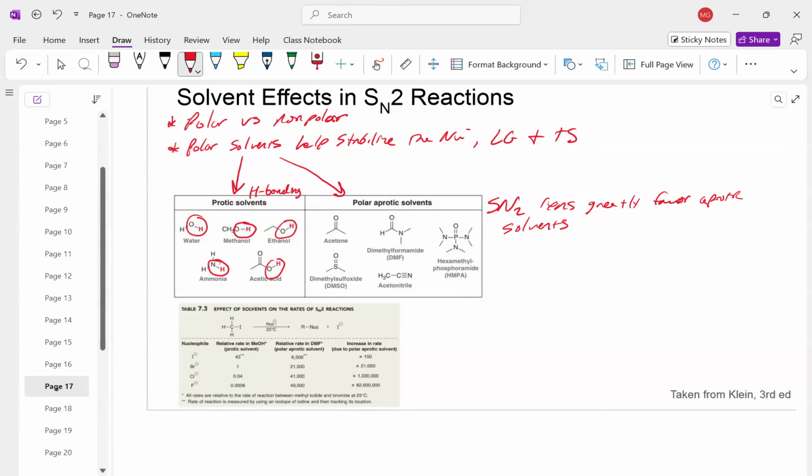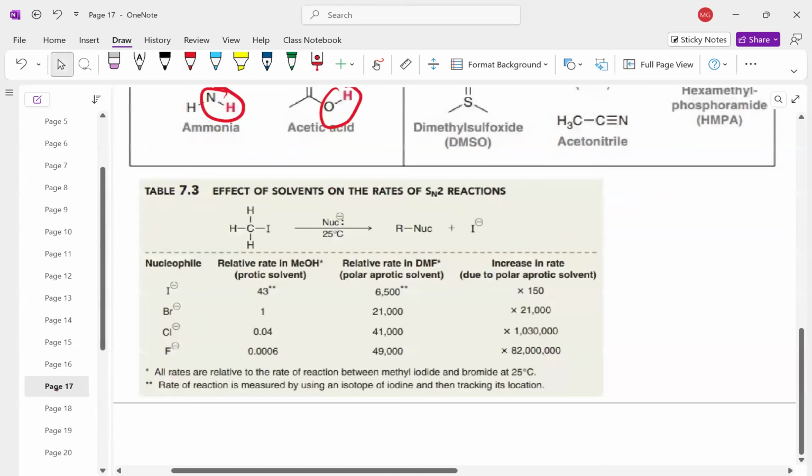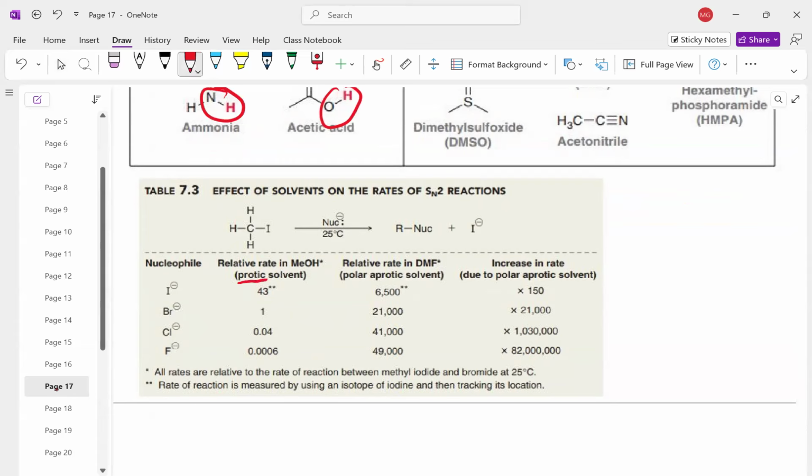I want you to look at this table down here. What this table is demonstrating is we're doing this SN2 reaction with various nucleophiles, the halides. The first thing I want you to look at is to compare the trend between protic and aprotic in terms of rate.